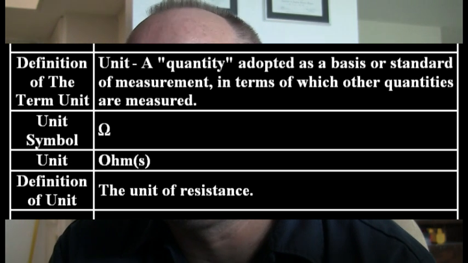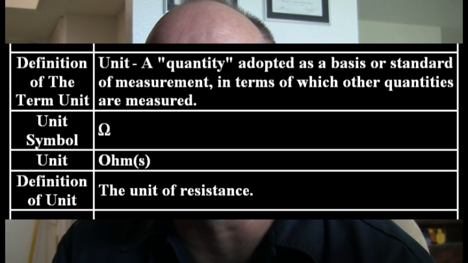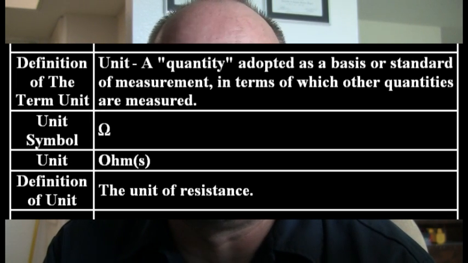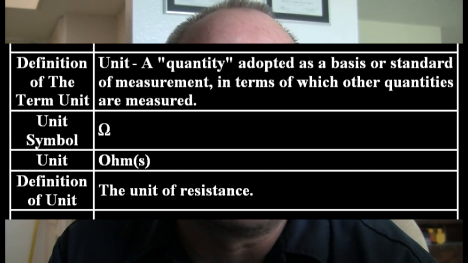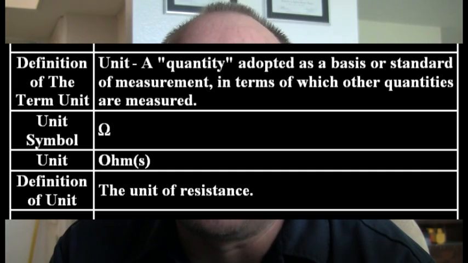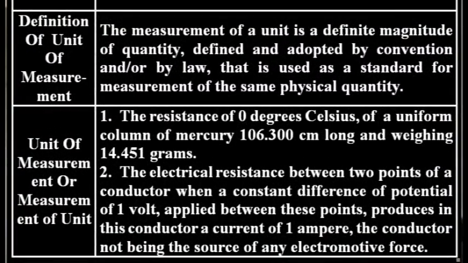Ooh, that helps. See, it's oversimplified. It doesn't really help you. They don't know what they're talking about, so they oversimplify the definition. They don't know the difference between quantity and unit or measurement of unit, so they oversimplify it and come up with these lame definitions. So the definition of the unit of measurement, we already went over that.